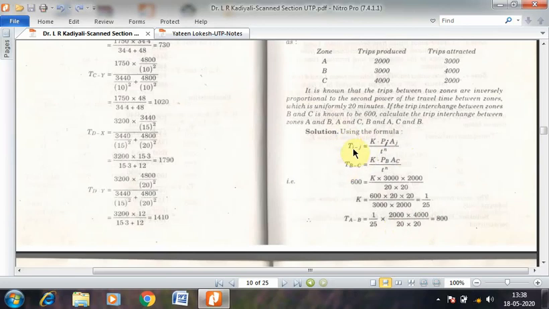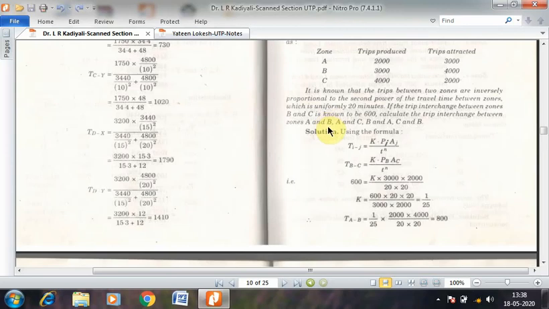Here we are solving the trip interchange between A and B, so i would be A and j would be B. So P_A and A_B need to be substituted here. All these values would have been given in the problem itself. Solve this and you will get T_AB. So you have accomplished the first requirement of the problem.